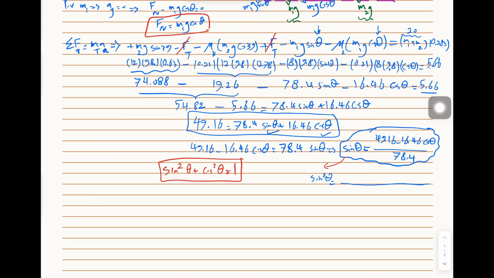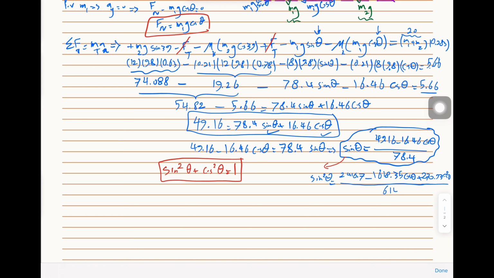So I have 49.16 squared, which is gonna be 2416.70, then minus 2 times 49.16 times 16.46, which is 1618.35 cosine theta plus 16.46 squared, 270.93 cosine squared theta, divided by 78.4 squared, which is 6146.56.